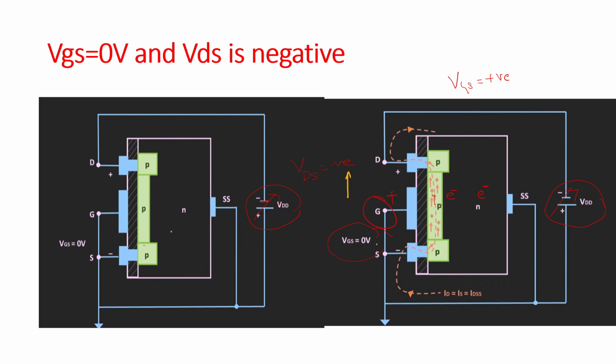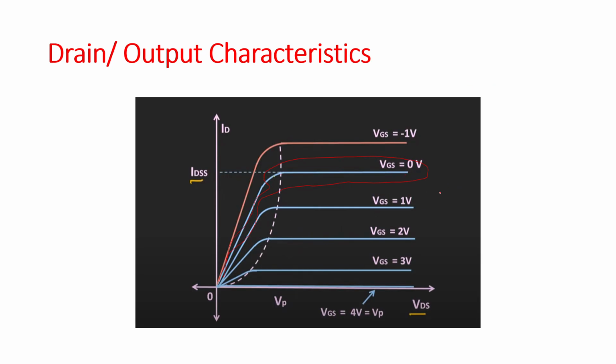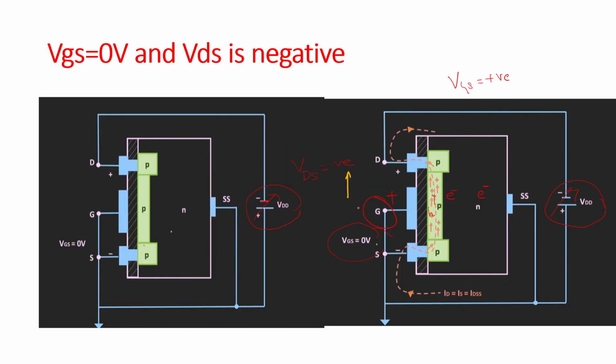When the recombination increases, the number of free holes decreases, so that decreases the drain current. So this is about this case. When we increase the voltage positively, 1, 2, 3 and 4, the ID decreases.